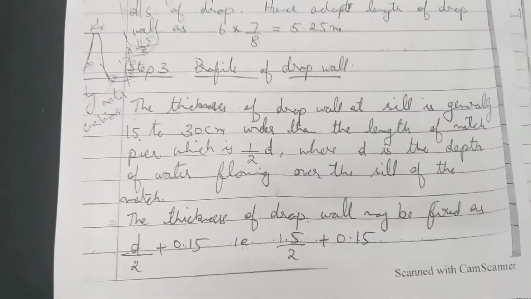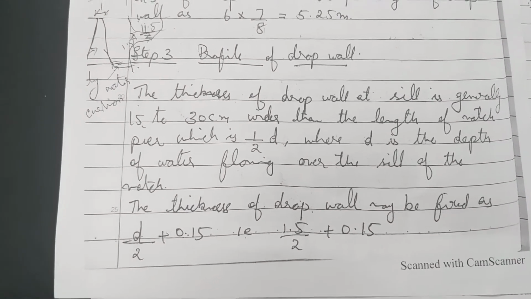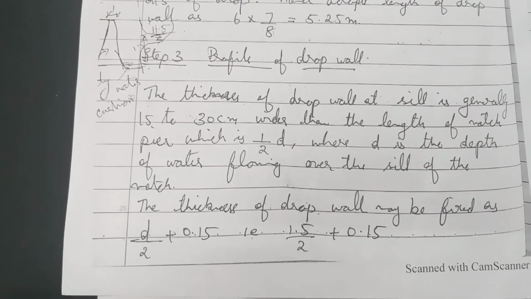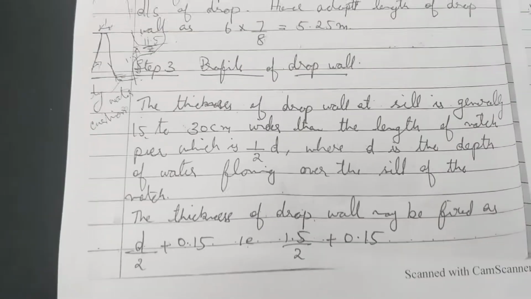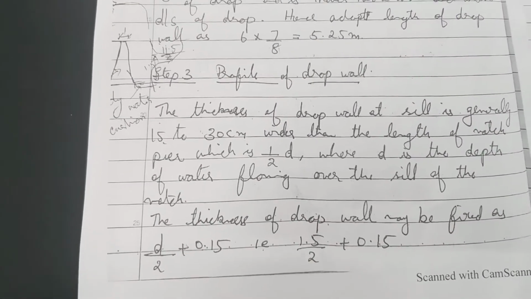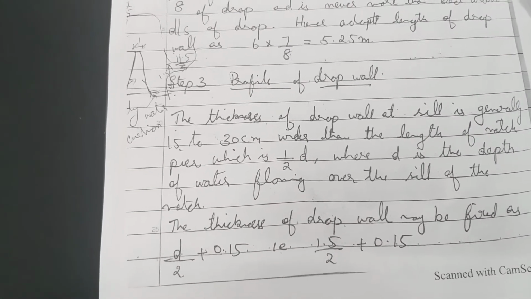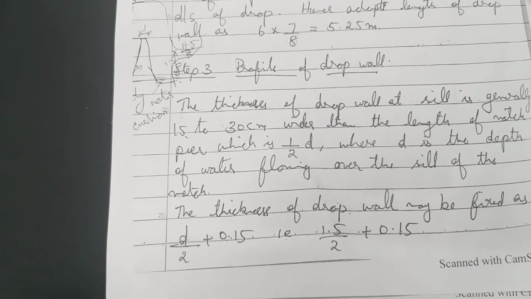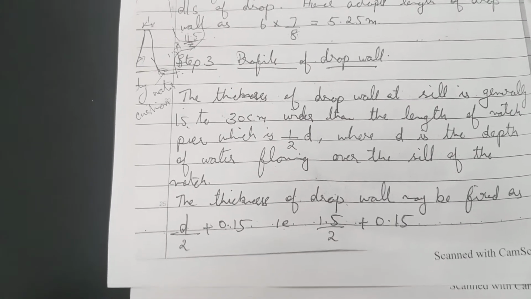The thickness of the drop wall at sill is generally 15 to 30 centimeter wider than the length of notch pier, which is half D, where D is the depth of water flowing over the sill of the notch. The thickness of the drop wall may be fixed as d by 2 plus 0.15, that is 1.5 by 2 plus 0.15.